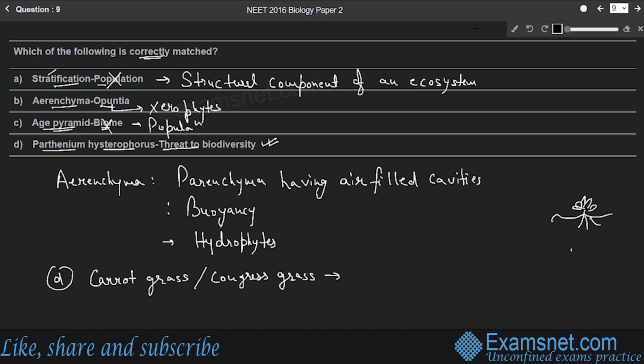So basically it is a type of invasive weed species. It grows so fast that it does not allow the growth of any other plants near it. So this is a threat to biodiversity. Therefore option D will be the correct answer.